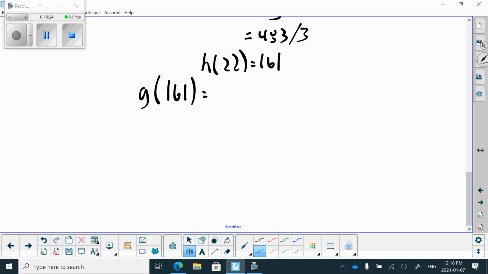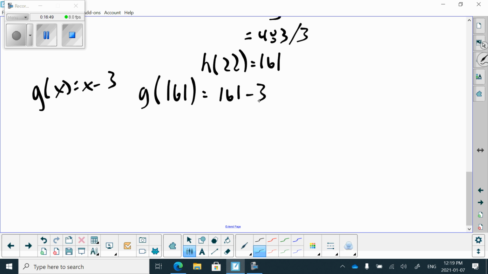Yes. g of 161, which would be what? So that'd be what? The x's. Yes, you do. In the bracket is what the x is. Oh, 161. That's right. So I need to look at my original question here because I don't remember.